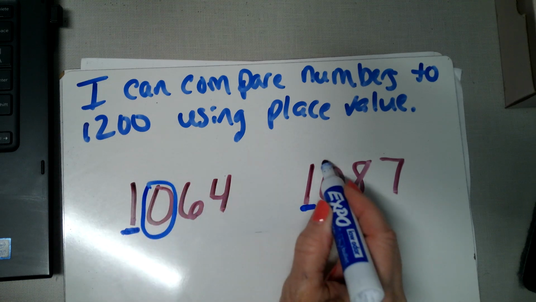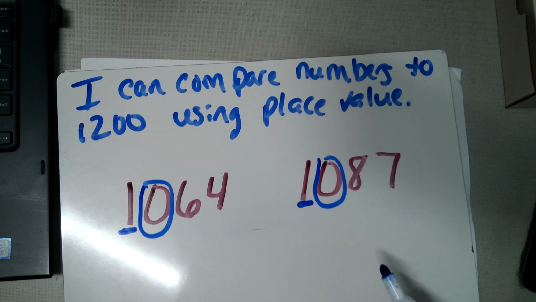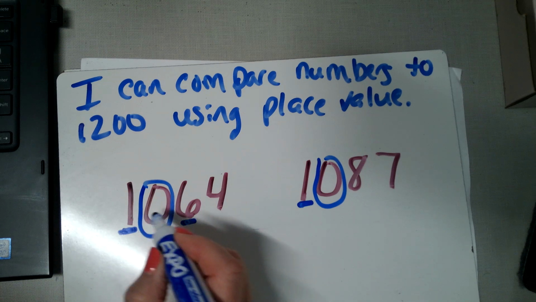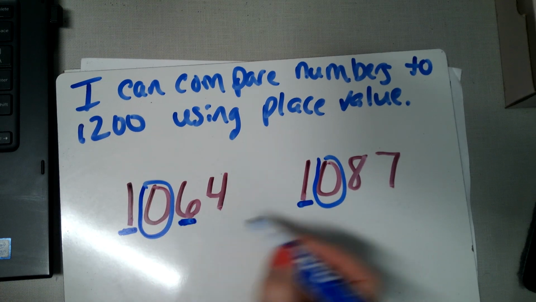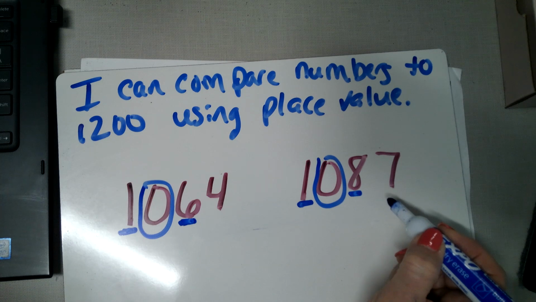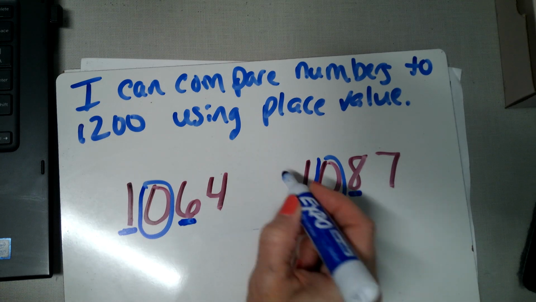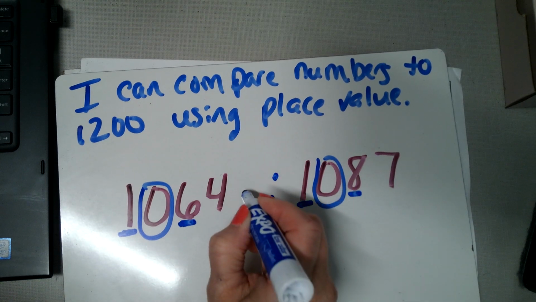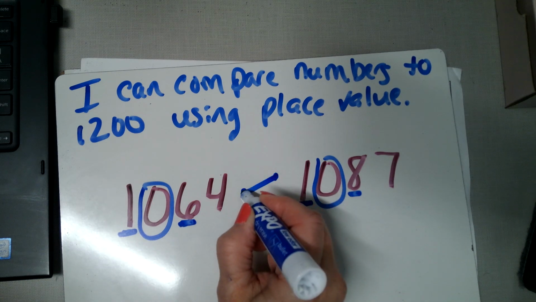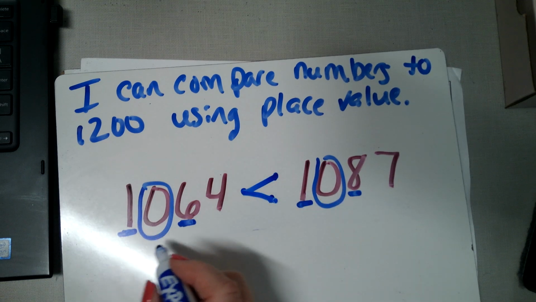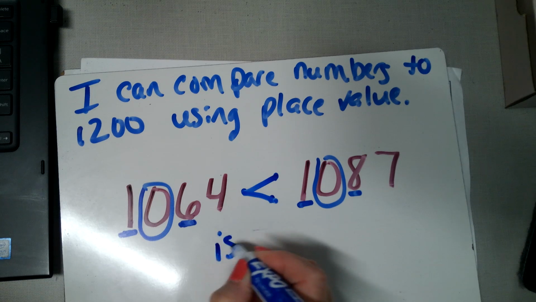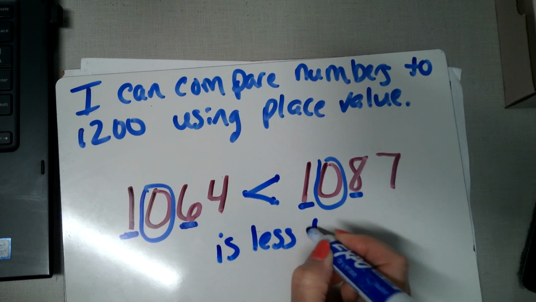This one has 0 tens and this one has 0 tens. That's also the same. Hundreds. Sorry, I keep saying tens. This one has 6 tens and this one has 8 tens. Oh, there's where they're different. And 8 tens is greater. So I'm going to put 2 dots by the 8 tens and 1 by the 6 tens. And I'm going to read this. 1,064, this is going to say is less than again.